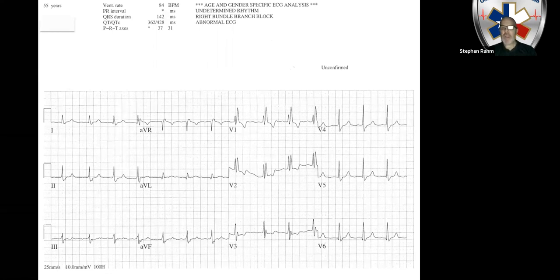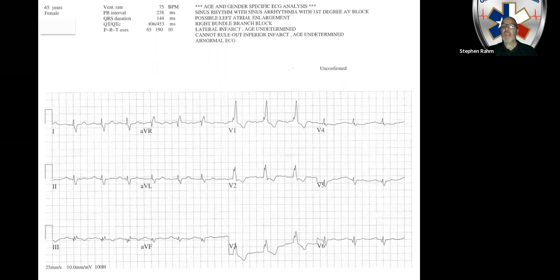However, you would not expect to see any ST elevation with a right bundle branch block. So ST elevation with a right bundle branch block should make you say, there's something about this bundle branch block that's just not normal. It's up to you as a clinician to determine what's not normal about it. But what I can tell you is that ST depression is a normal finding in a right bundle branch block, specifically in V1, V2, V3.